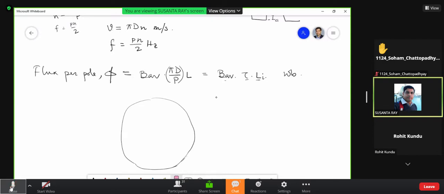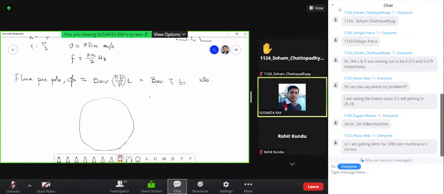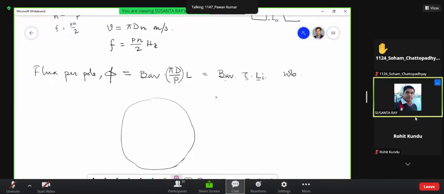0.046. Sir, 0.029. Is it correct? It should be in milliweber. So in milliweber, it will be like this. Suppose 6 point something milliweber or 9 point something milliweber, like that. Sir, it is generally 29.17 expressed in milliweber.